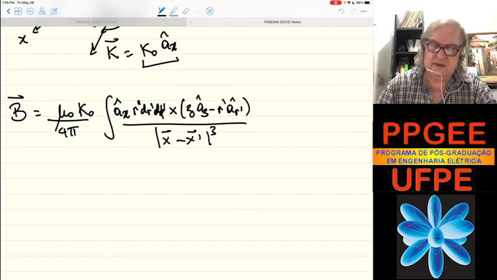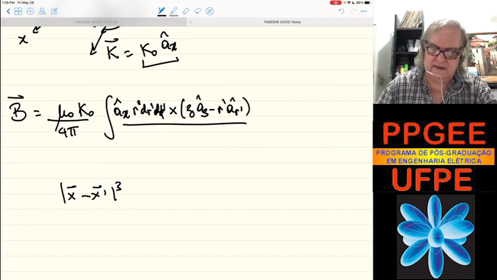In the denominator, we have, instead, because those are orthogonal vectors, r prime squared plus z squared to the 3/2 power.